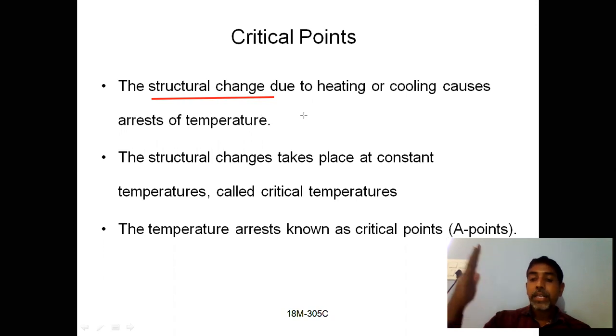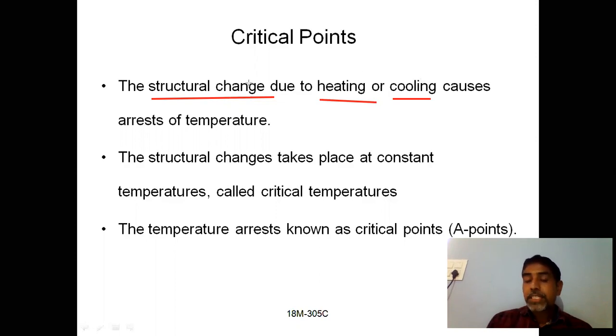When you heat a solid and it becomes liquid, you will observe some structural changes. And when you have liquid metal and you cool it, you will also get structural changes.